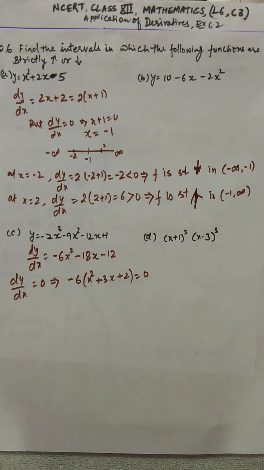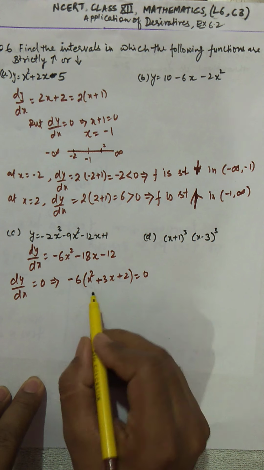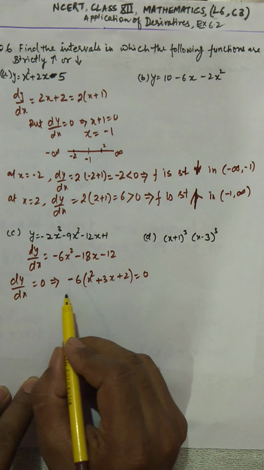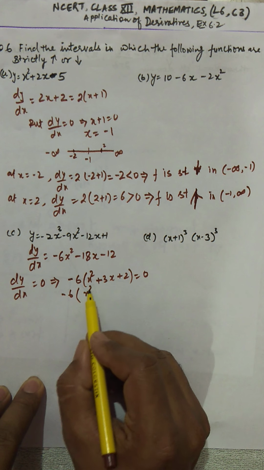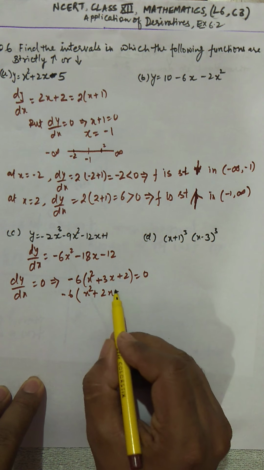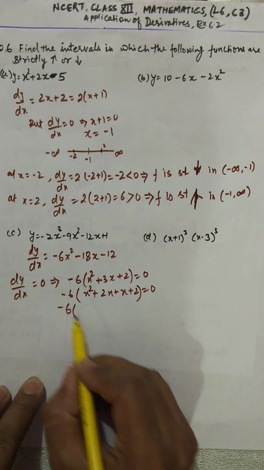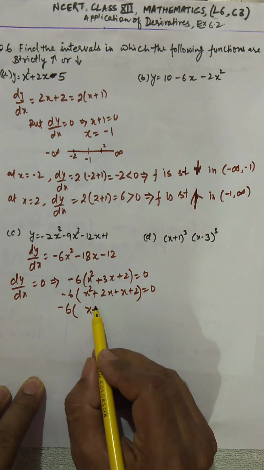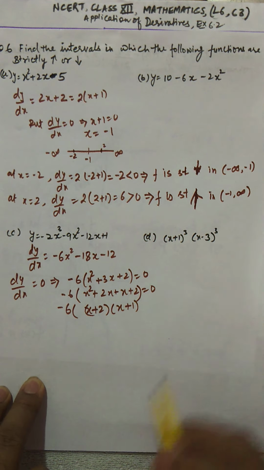Now you can see that this can be factorized using the middle term split method. So this is minus 6 times, you can write this as x square plus 2x plus x plus 2, equal to 0. So this is going to be x plus 2 and x plus 1.